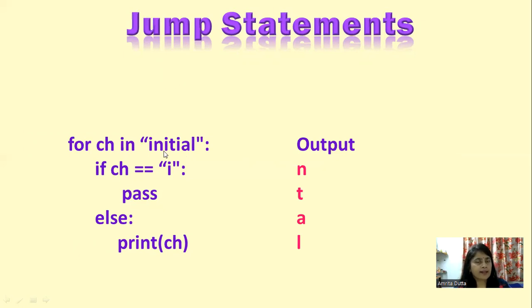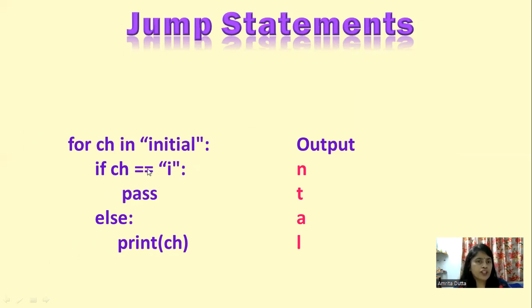Then again, the third time, the character is I. So if ch equals 'i', again the condition is true. So it will not do anything. Then the next iteration, that is T. ch is T, so again the condition is not true. So it will go to the else part and it will print T. Next, again I is given.